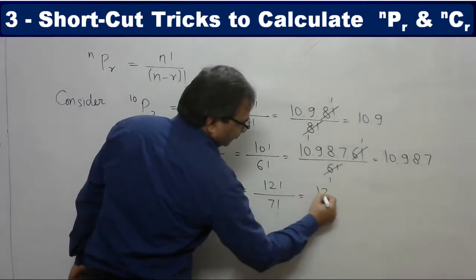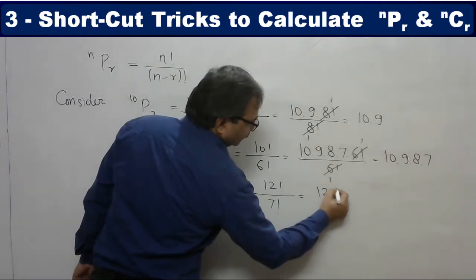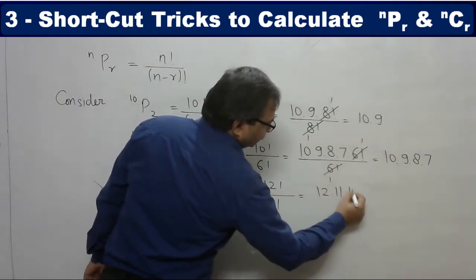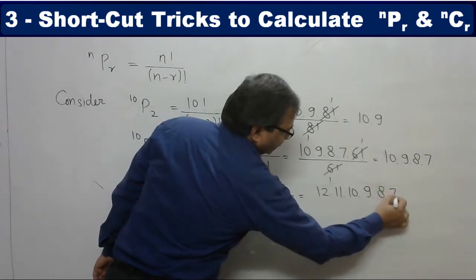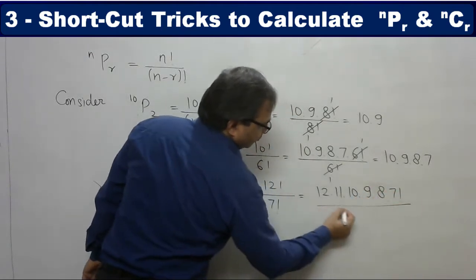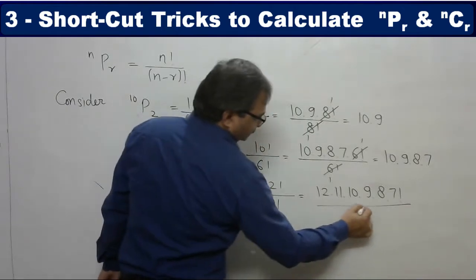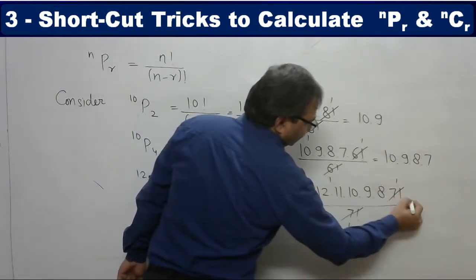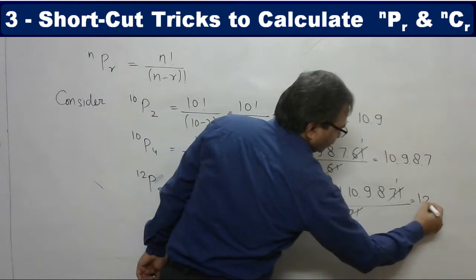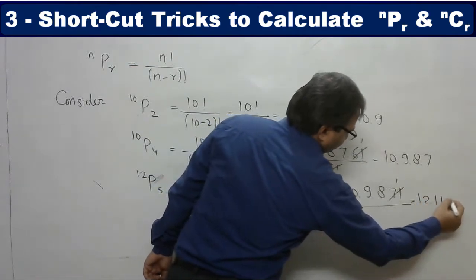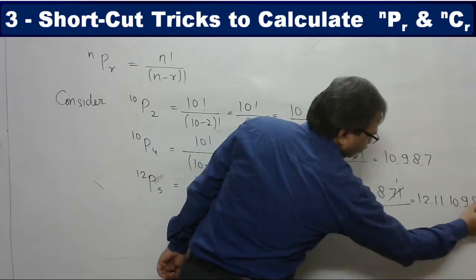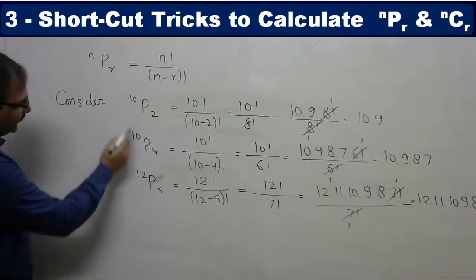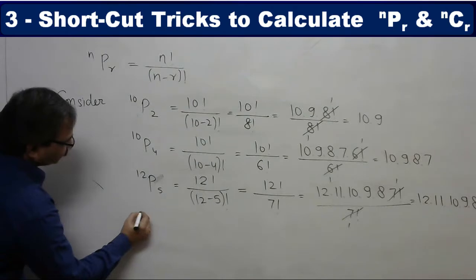So we split 12 factorial, so 12 into 11 into 10 into 9 into 8 into 7 factorial upon 7 factorial. So 7 factorial will get cancelled and you get the answer as 12 into 11 into 10 into 9 into 8. Now I am summarizing these results as follows.